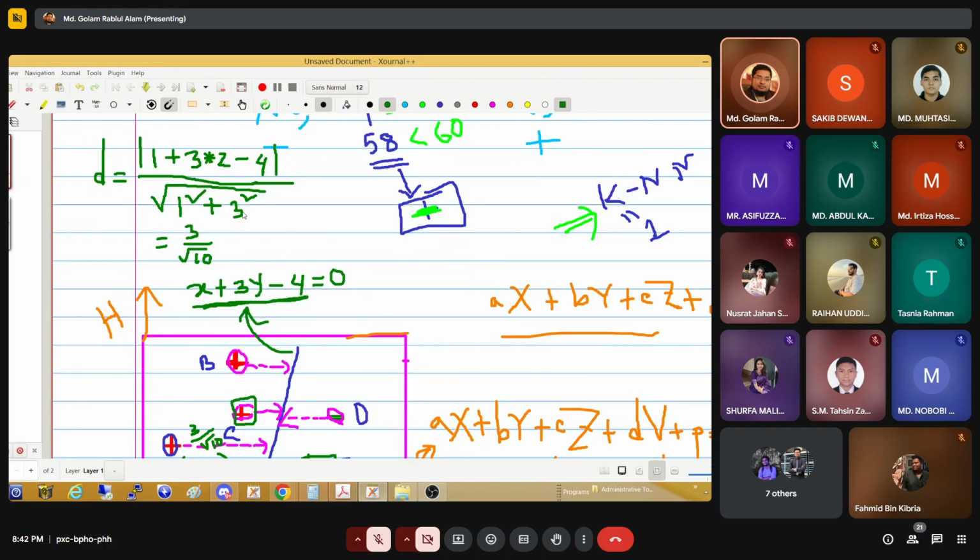Then consider our hyperplane equation. How to find out the distance from a point or a vector to the plane?